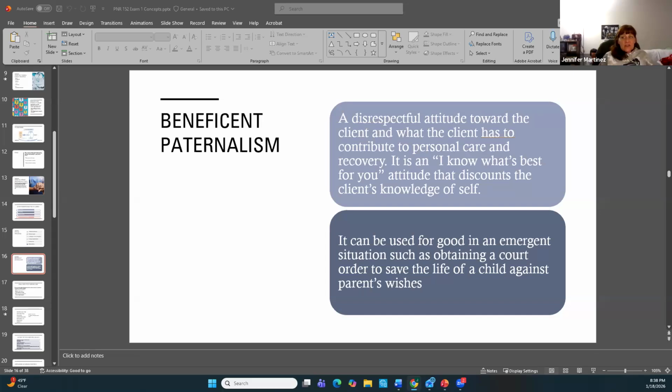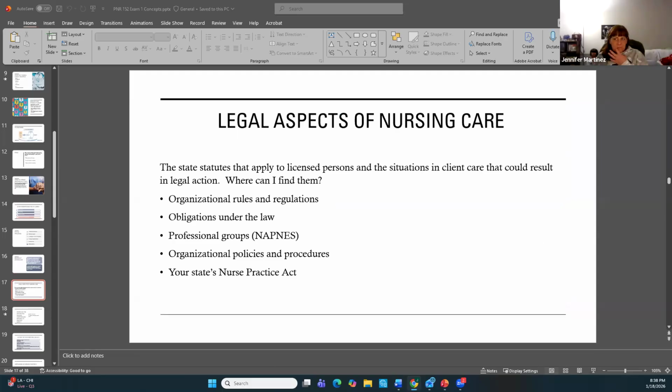And in those situations, the facilities can go and get a court order so that they can administer those life-saving procedures. I think there've been some cases on the news where parents have refused things like cancer treatments for their children, where they've had to go and get this. So generally speaking, it's a disrespectful attitude, but in an emergency situation, it can be used.